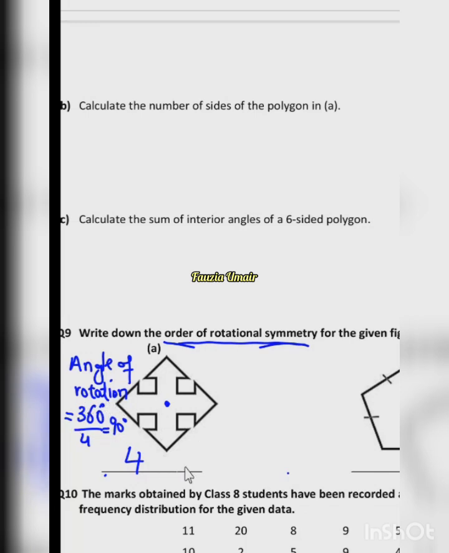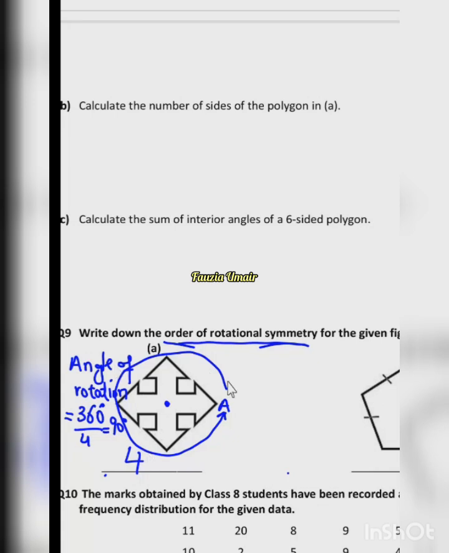Excellent, that is the perfect answer. Because we are rotating this shape about the center through 360 degrees. If this is point A, I will rotate this point all the way around this circle and A will come back to its original position. So it means it's a 360 degree circle.